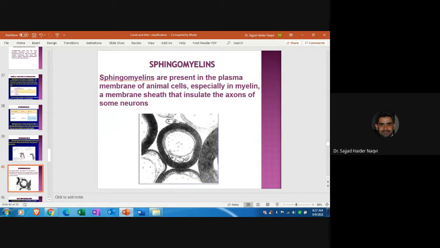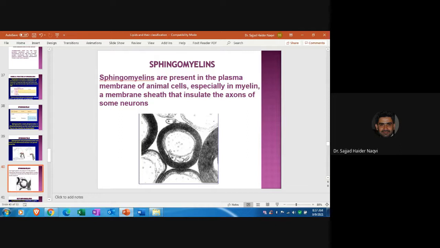Now sphingomyelins are very, very important lipids, and they are present in plasma membrane of most of the animal cells, and very especially, as I mentioned, in the nervous tissues. They are especially in the myelin, which is a protective covering of neuronal cells. You might have studied about the myelin sheath.